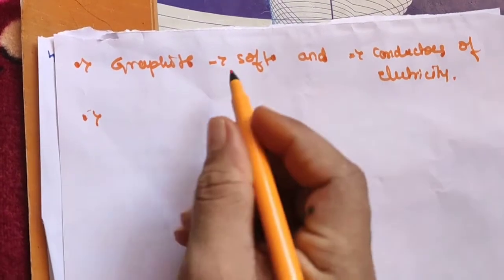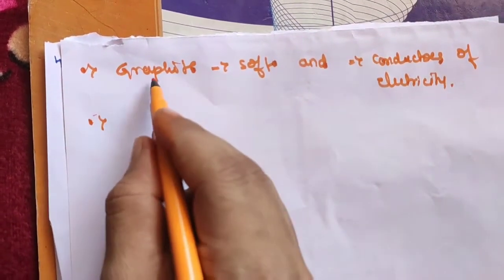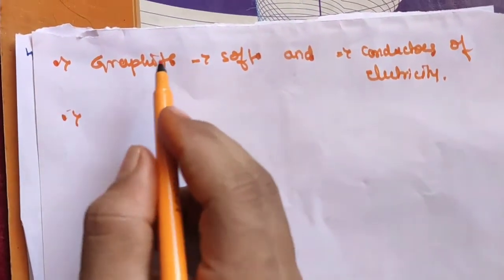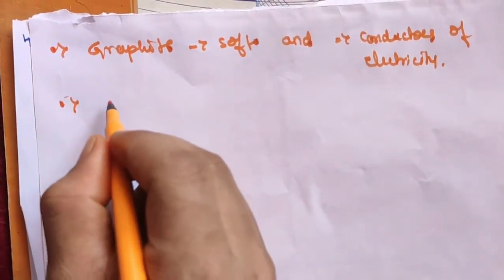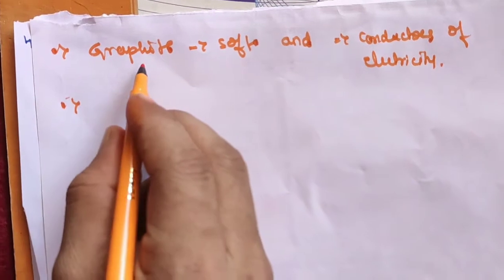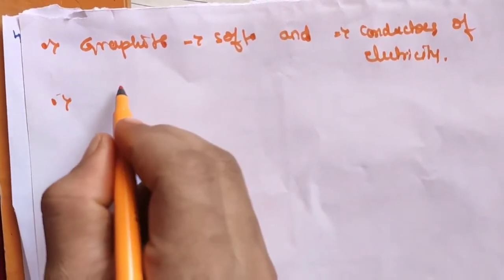The structure of graphite is different from that of diamond and silicon carbide, because graphite is one of the allotropes of carbon.